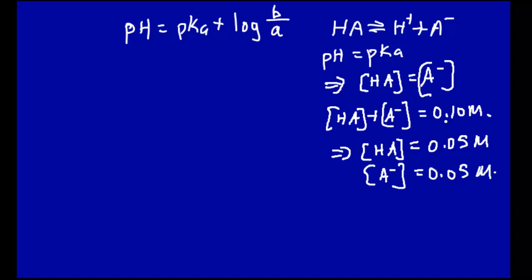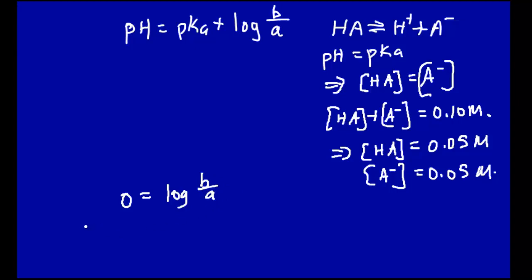So the sum of them has to equal 0.1, and one has to equal the other. All right. So before we add any H plus, pH equal to pK, so we have 0 is equal to log of B over A, and B is equal to A, so this quantity is equal to 1, and log of 1 is 0.